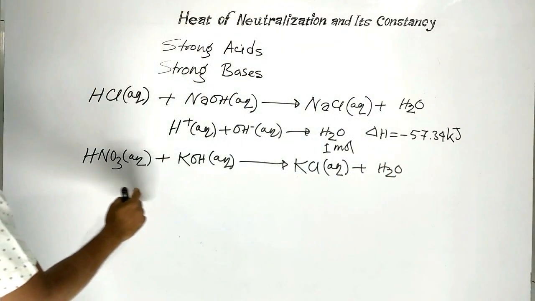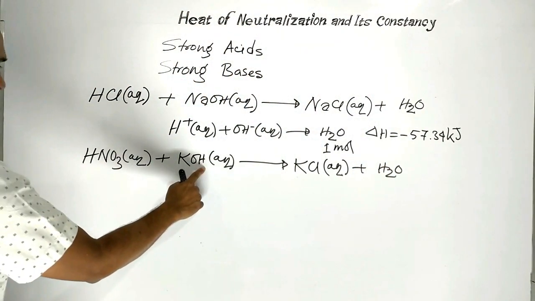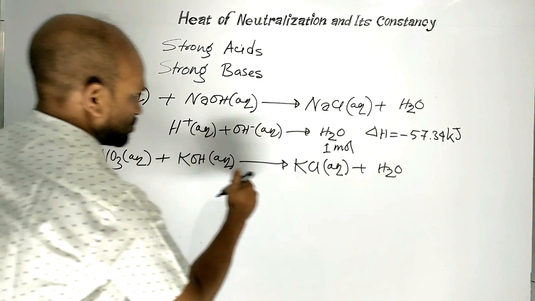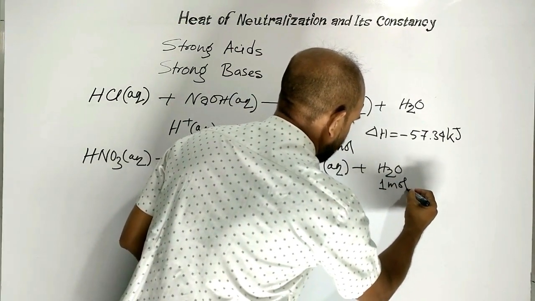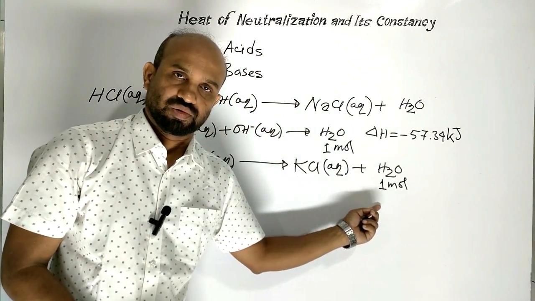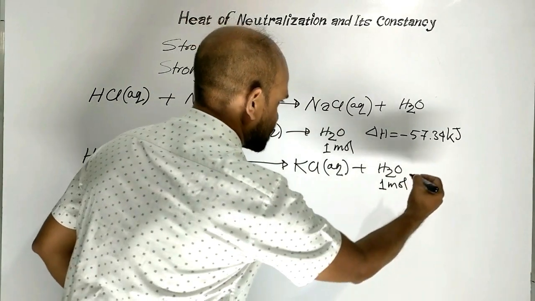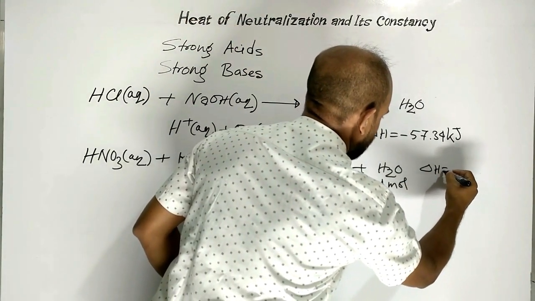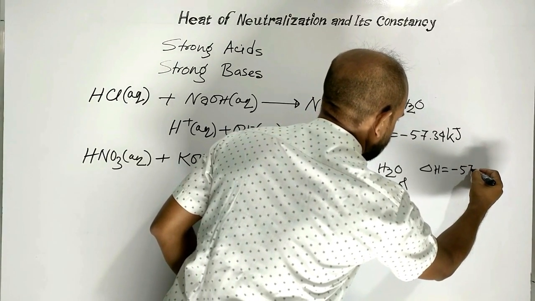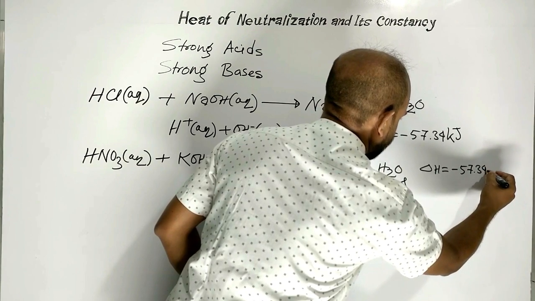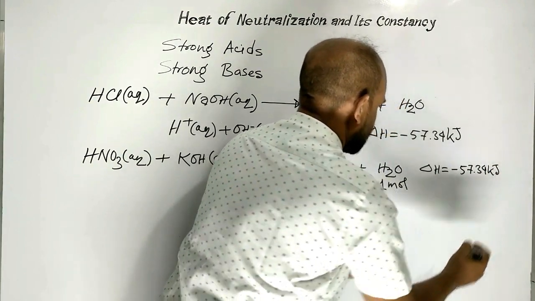In this reaction, 2 hydrogen atoms and 1 oxygen atom, so in this case as well, 1 mole water is formed, and the amount of heat produced is the same, minus 57.34 kilojoule.